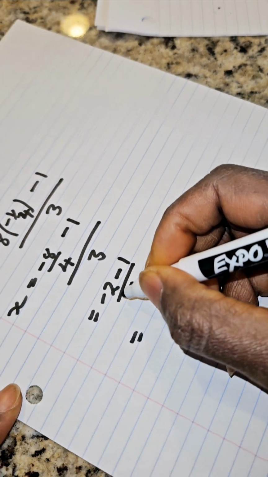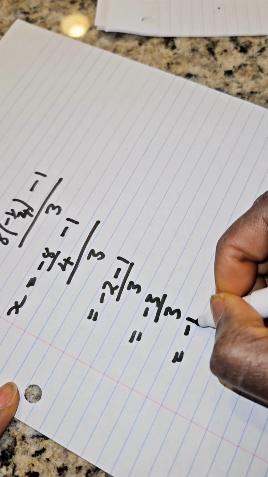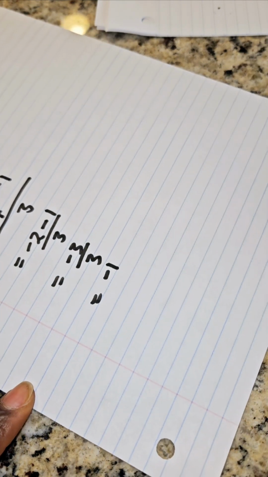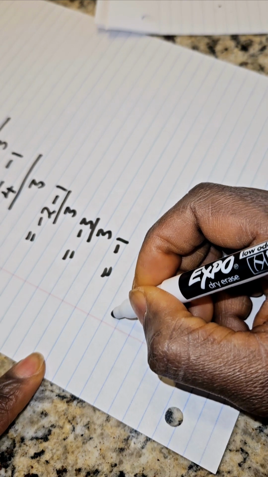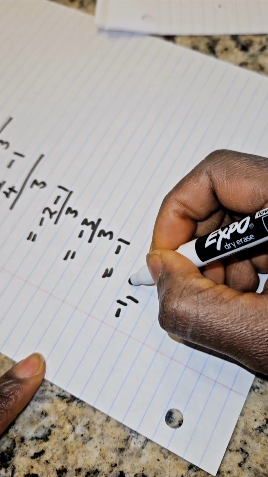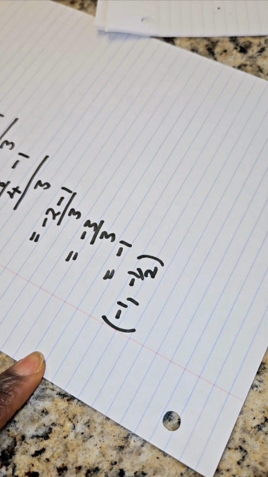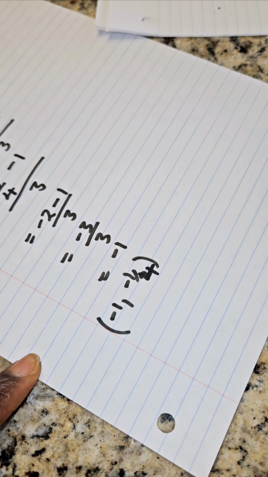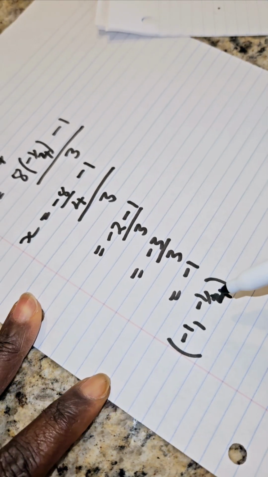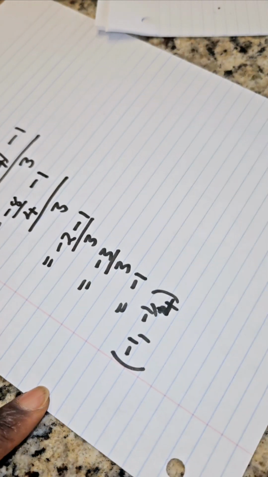And this becomes negative 3 all over 3, which is negative 1. So we have solved the simultaneous equations, and our answer is x equals negative 1 and y equals negative 1/4. I'm sorry, that's what we have, because we had the value of y to be negative 1/4 in equation 4.